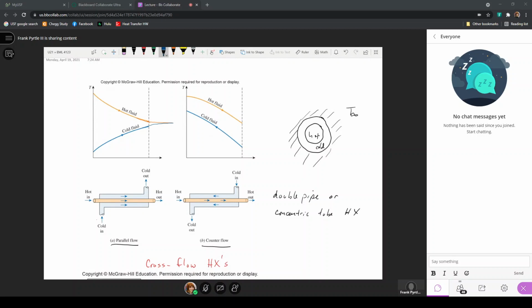In the counterflow heat exchanger, the limit to the cold fluid temperature when it comes out of this heat exchanger, if we extended the length, now here they're flowing in opposite directions, but the limit for the cold fluid outlet temperature will be the hot fluid inlet temperature. The limit for the hot fluid outlet temperature will be the cold fluid inlet temperature.